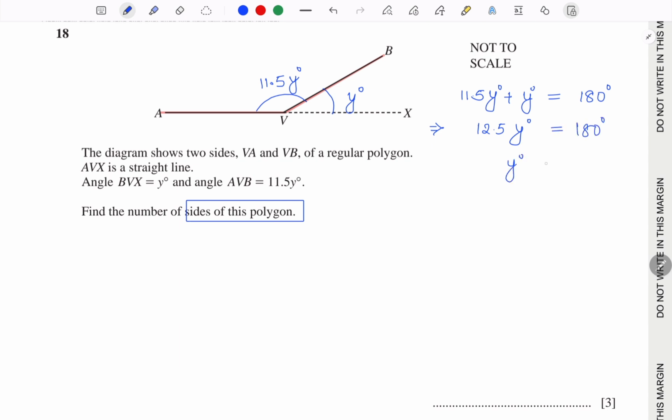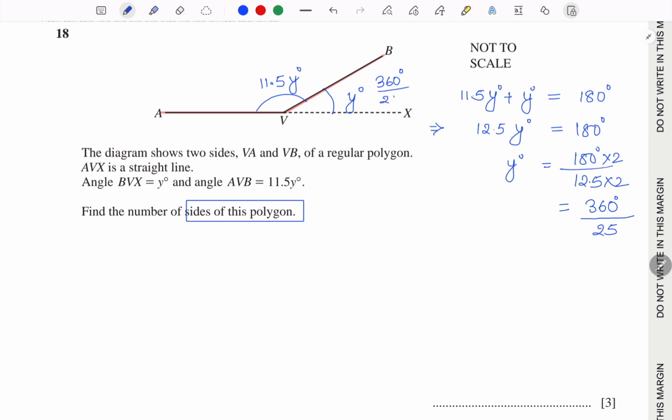Y equals 180 divided by 12.5, which, if you solve it, is 360 degrees divided by 25. Just multiply by 2.